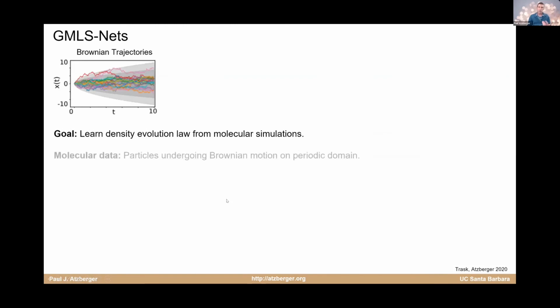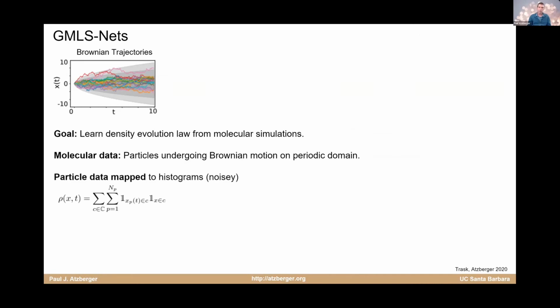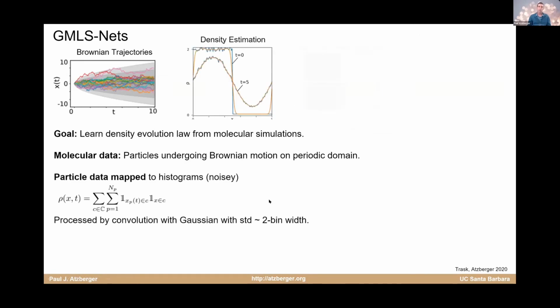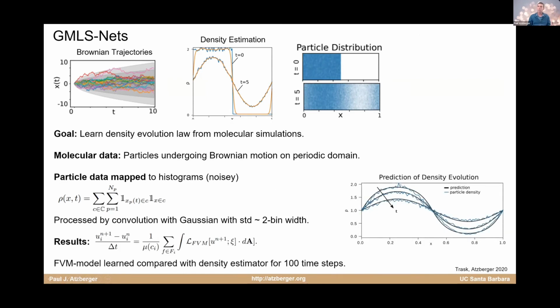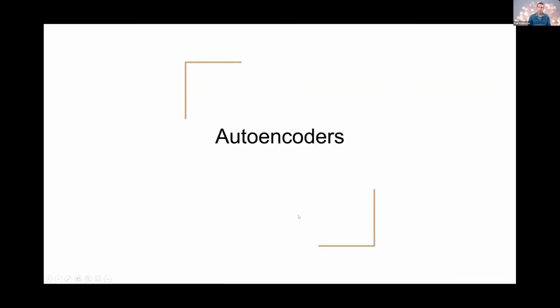We've also done this for probabilistic, molecular level systems, where you want to upscale to continuum level models for trajectories of Brownian motion and learn the evolution of effectively the diffusion equation from the particle level models. And of course, as I said before, this can be extended to more general particle level models, where we could also learn nonlinear dynamics. And I'll just refer you to the paper for those details.